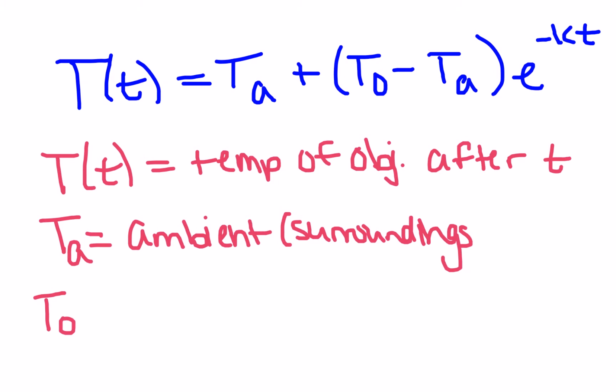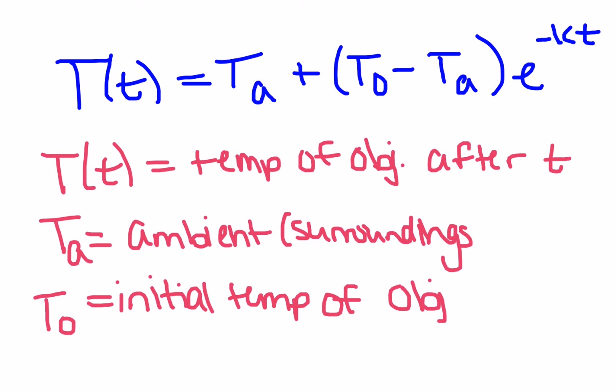T naught, which is a subscript of 0, is your initial temperature of the object. So what your object is starting at. Like for a body it would be like 98.6 degrees. And then T_A is repeated.